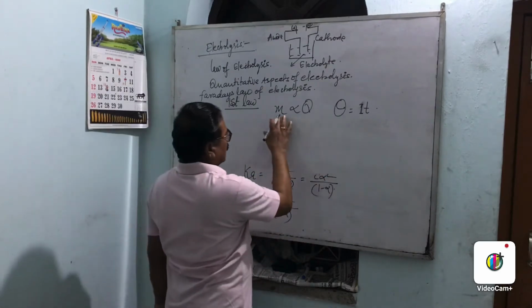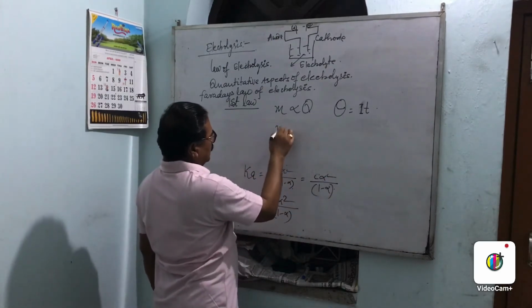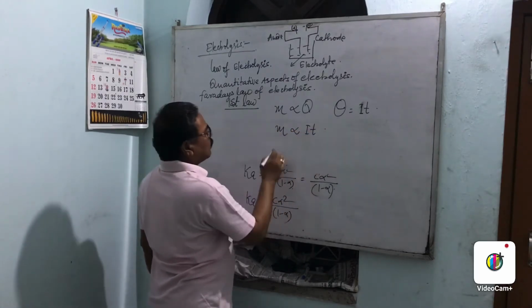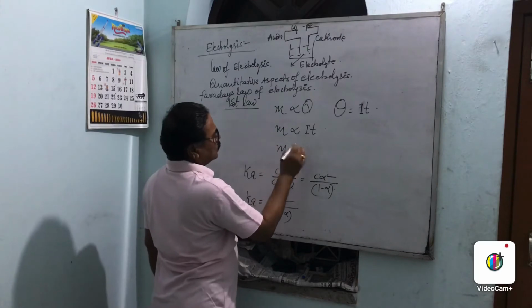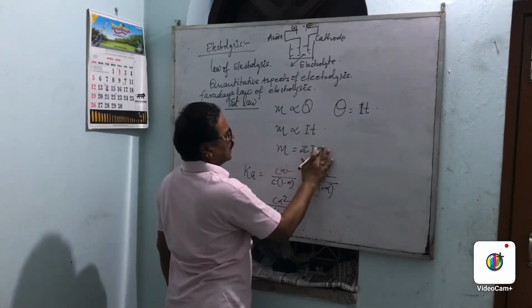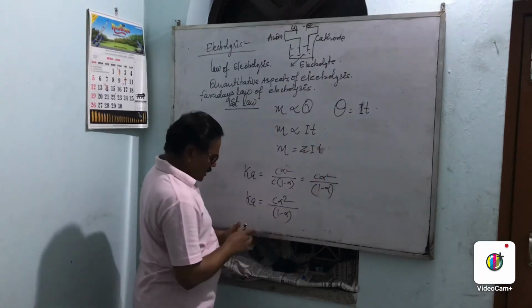So M is proportional to Q, or we can write M is directly proportional to I into T. For this, M is equal to Z I into T. What is Z here?